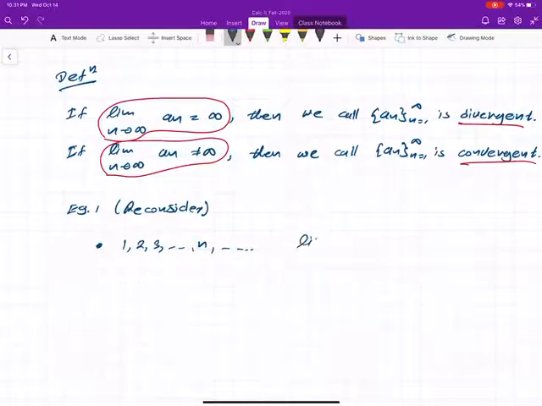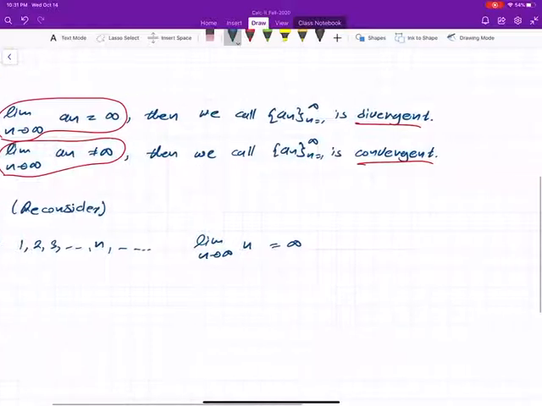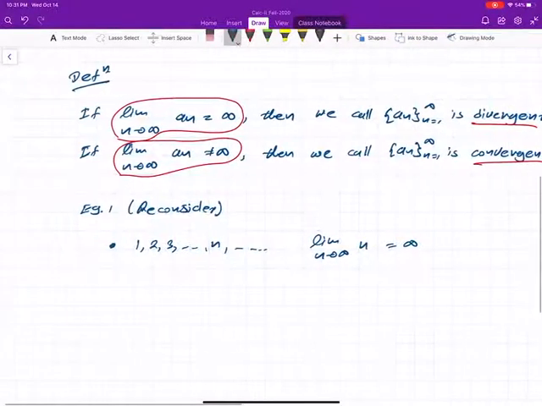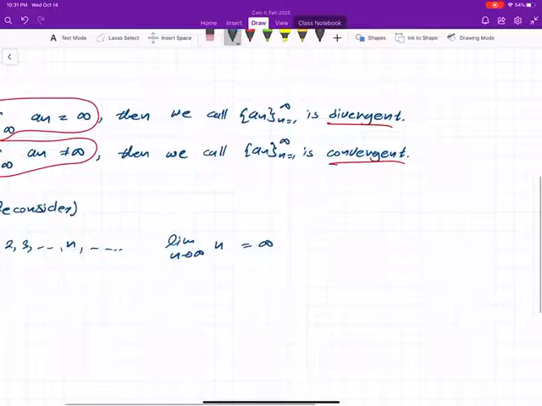Now find the limit of the n-th term as n goes to infinity, which is just infinity. That means this sequence diverges. I'm sorry, I said series, not sequence. This sequence diverges.